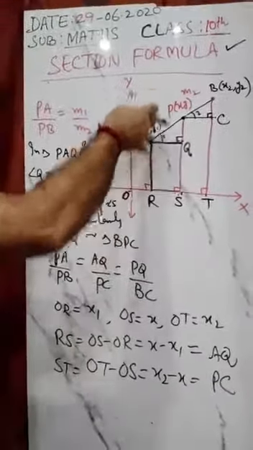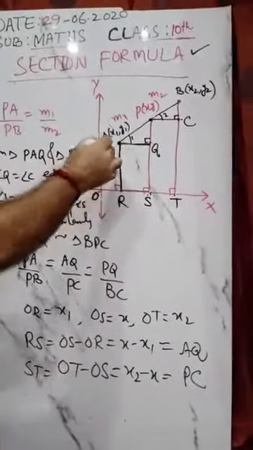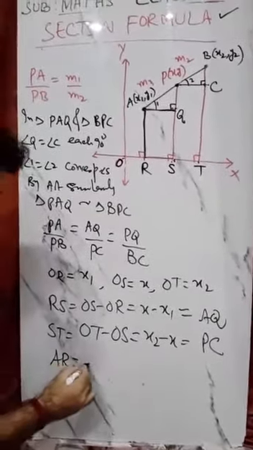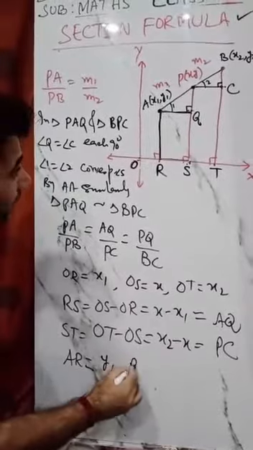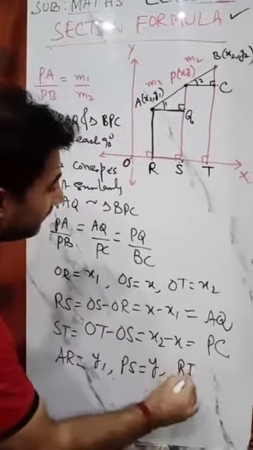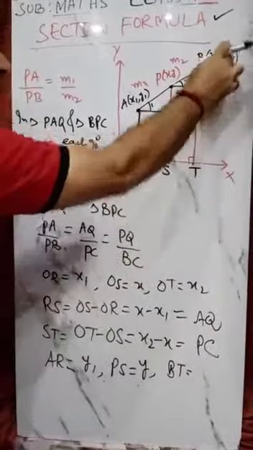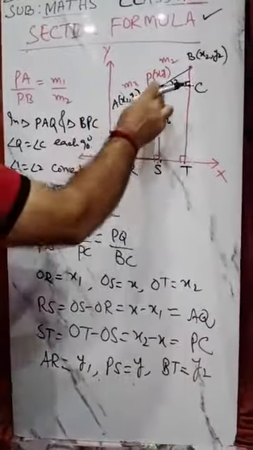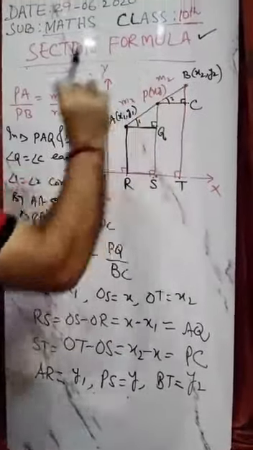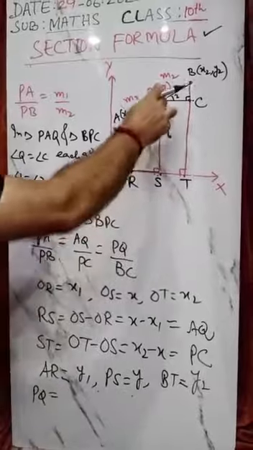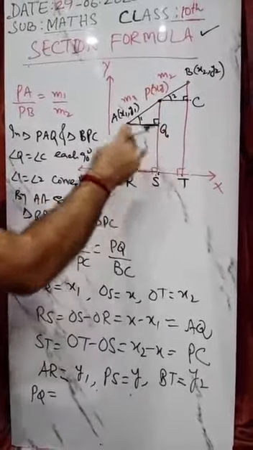Now let us move vertically. AR is y1. Then PS is y, and BT is y2 vertically. Now let us find PQ. PQ is equal to PS minus QS.